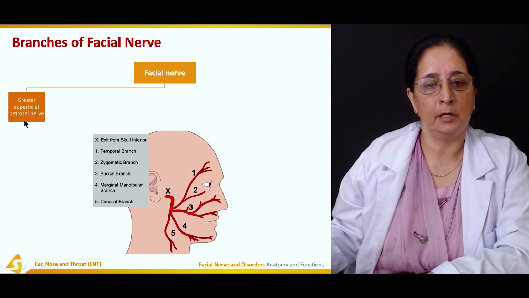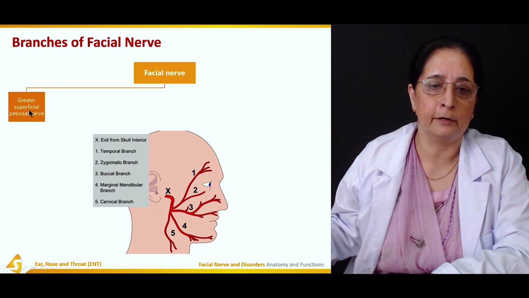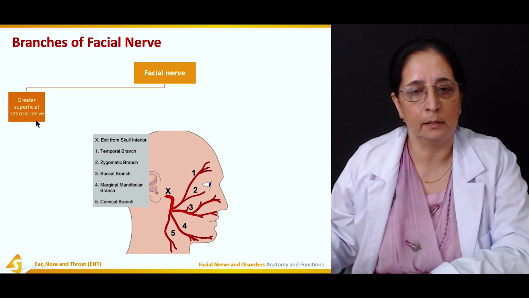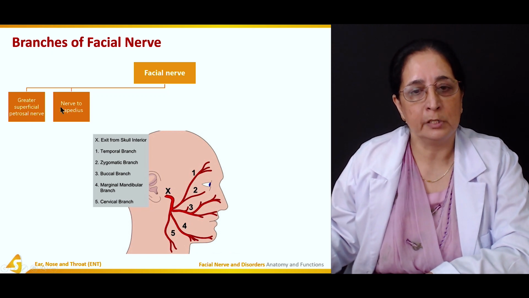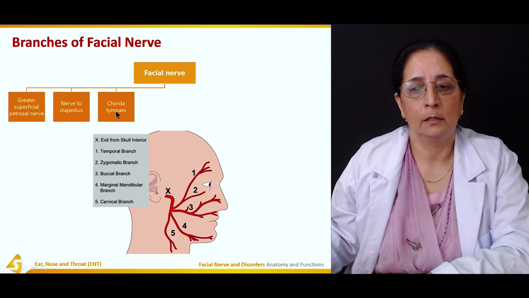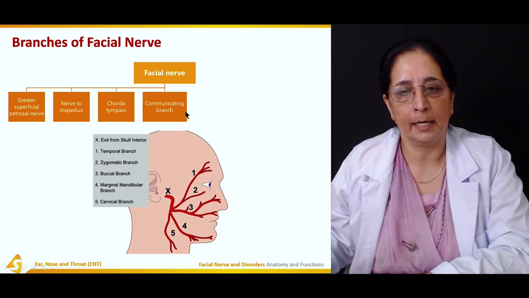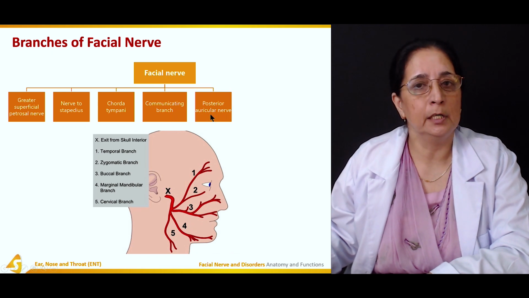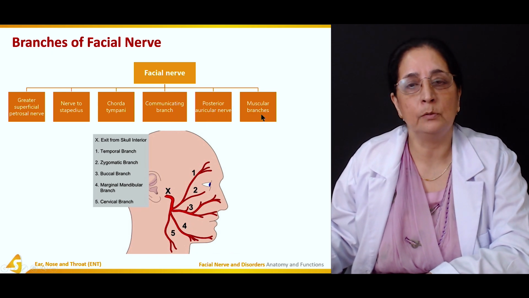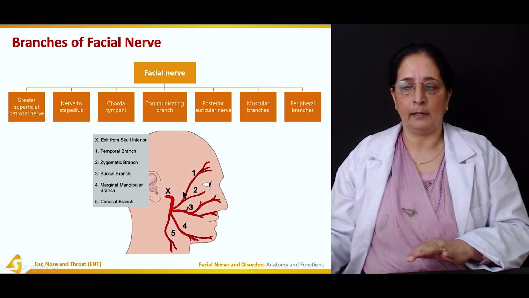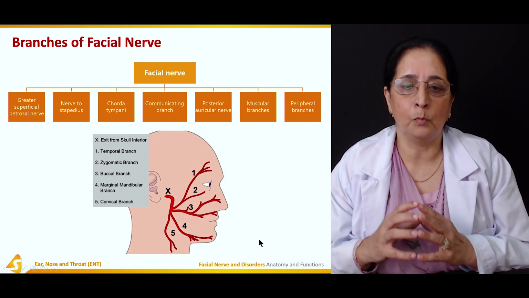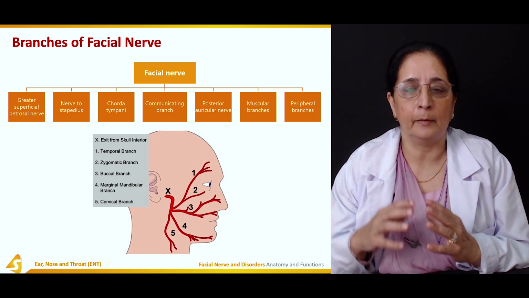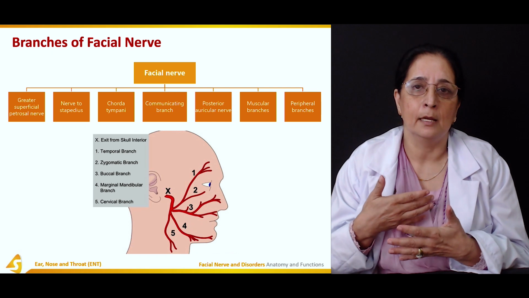So then the facial nerve gives small nerves: the greater superficial petrosal nerve, nerve to stapedius, nerve to chorda tympani, then there is a communicating branch, then the posterior auricular nerve, muscular branches, and peripheral branches. These are small other branches or nerves given by the facial nerve besides the 5 main nerves.